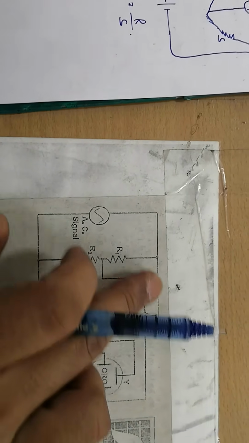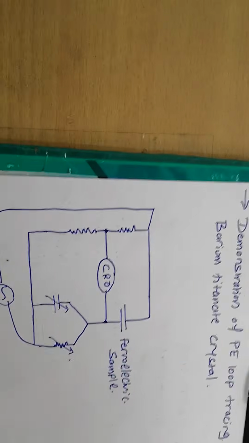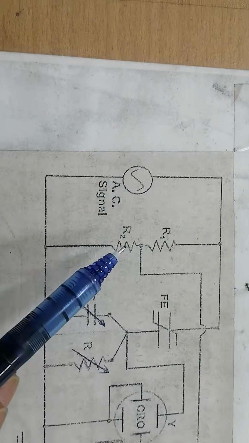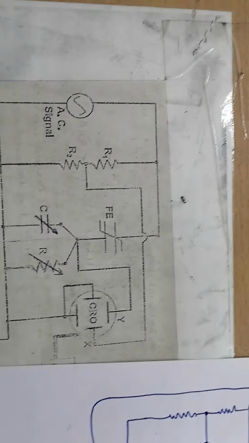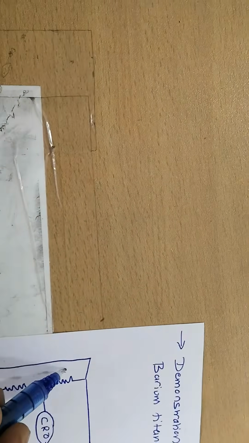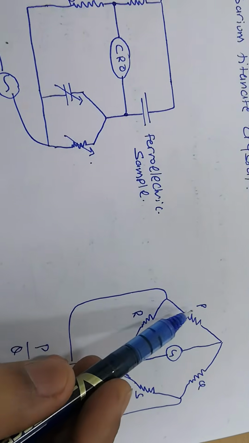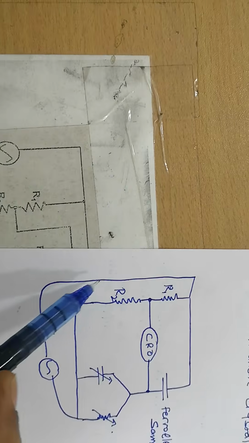So if I draw the circuit diagram in a kind of Wheatstone bridge diagram, here R1, R2. I have already plotted, this is R1, this is R2, same like P, R. Here we have R1, R2.